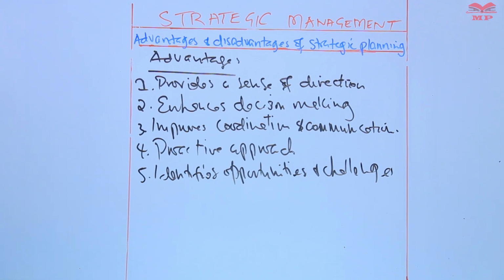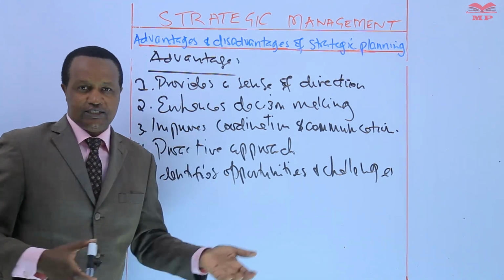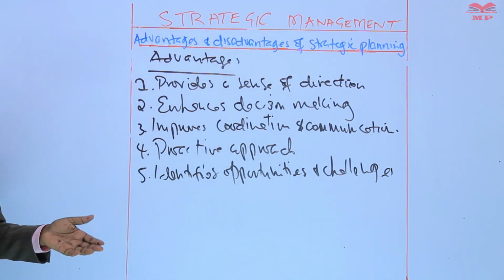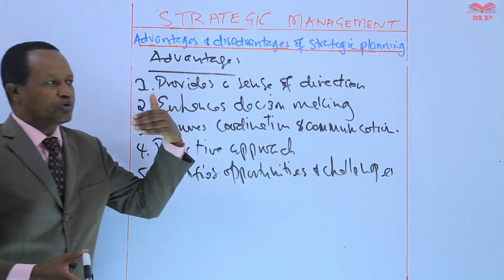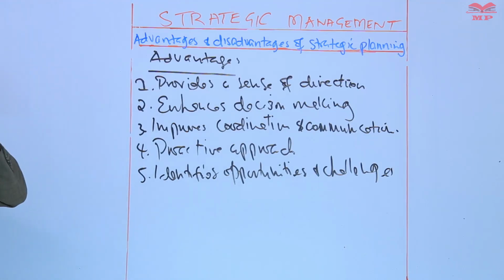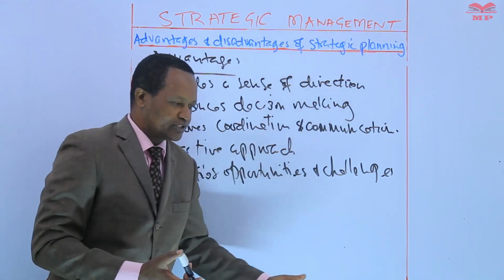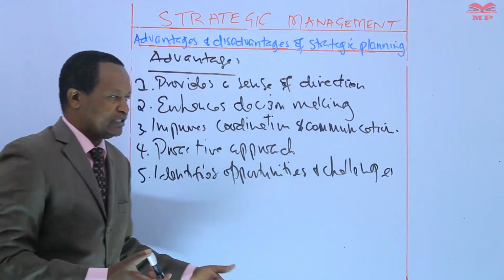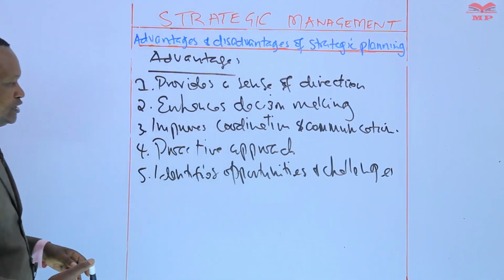Through thorough internal and external analysis, strategic planning helps identify potential opportunities for growth and potential threats to the organization's success. And that allows for proactive measures to be taken to address the challenges and also to take advantage of the identified opportunities.